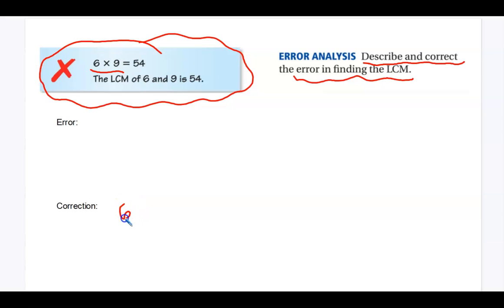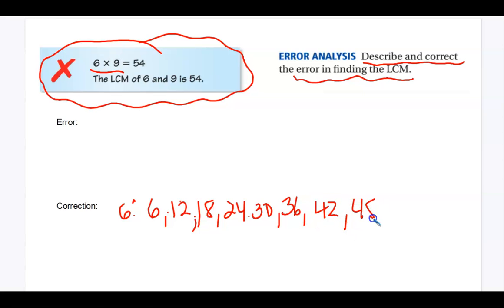So if you want to make a list of multiples, you can. 6, 12, 18, 24, 30, 36, and I'm going to get up to 54 because that's what they did. Where am I? 42, 48, and then the next one is 54.